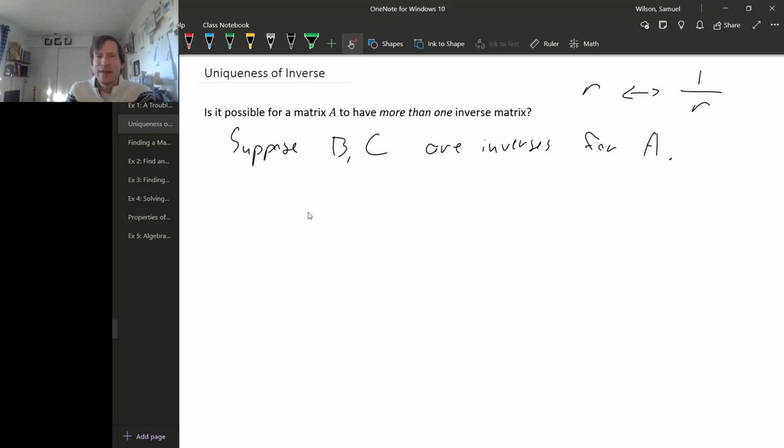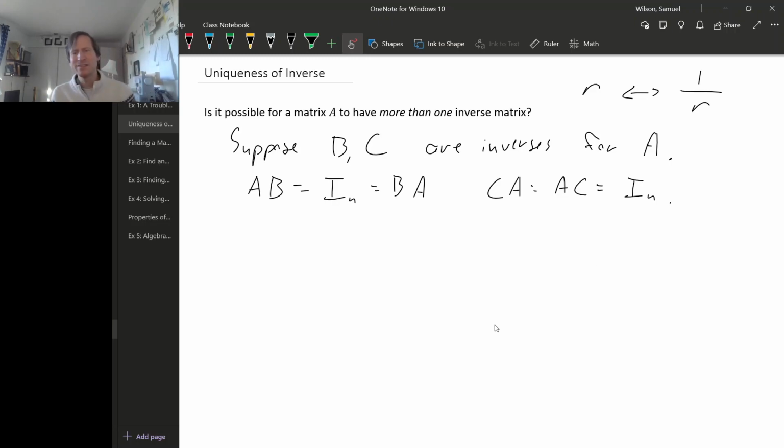Well, that means that A times B is the identity of some appropriate size, whatever size that is. Also, it means that B times A is also the identity of that size, and C times A and A times C also have to be the identity for that size.